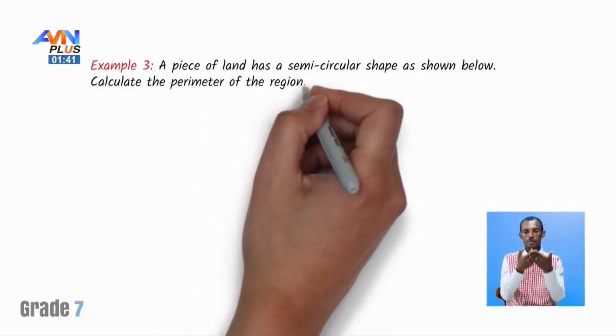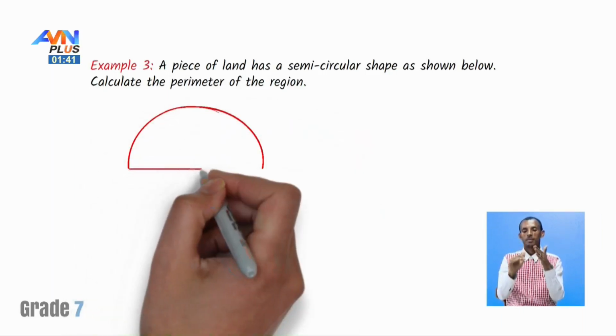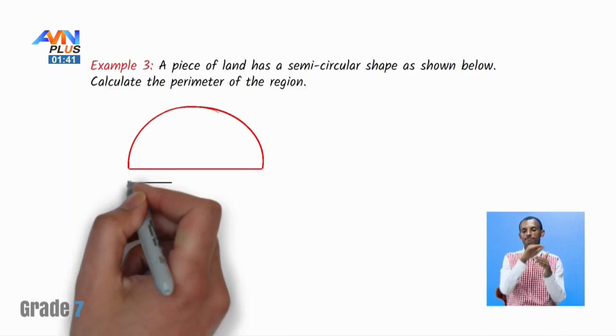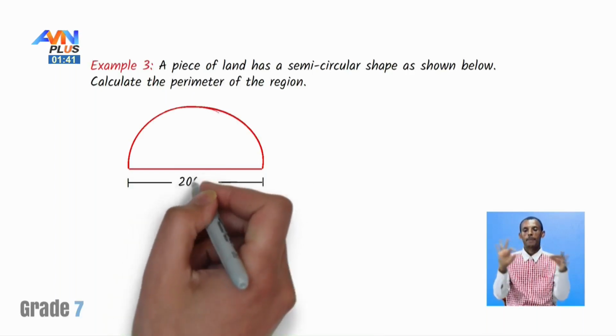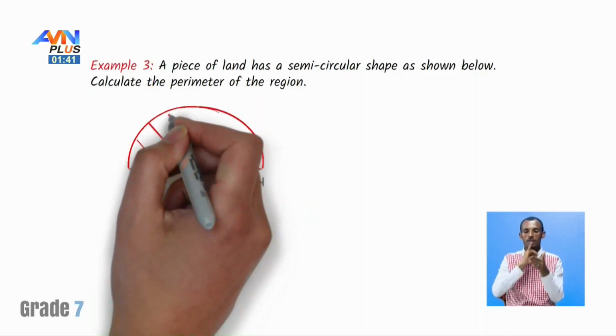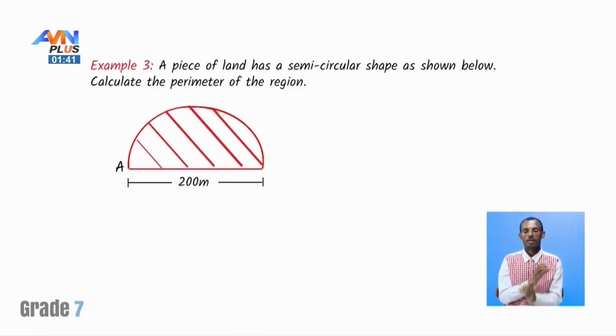Here, the piece of land has a semicircular shape like this, and this distance is given to be 200 meter. So the question is, what is the perimeter of this region? Calculate the perimeter of the given region.